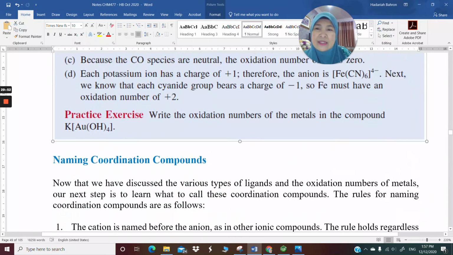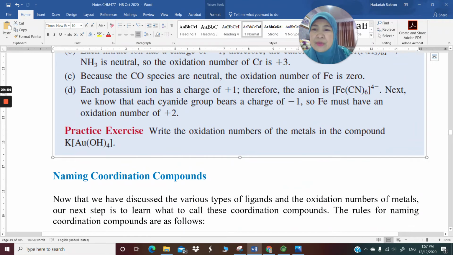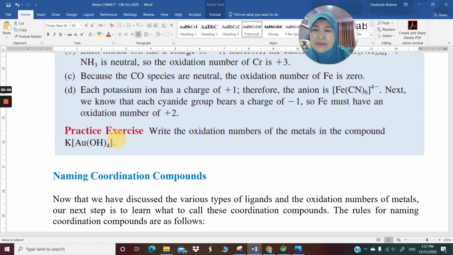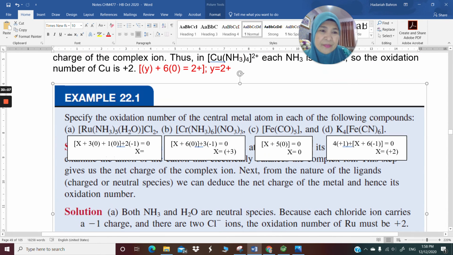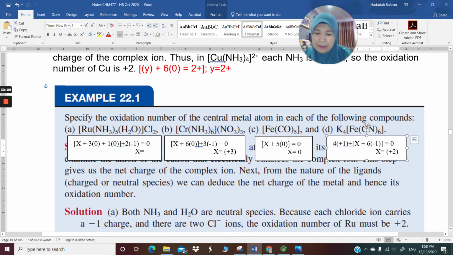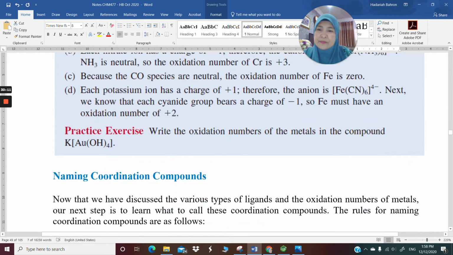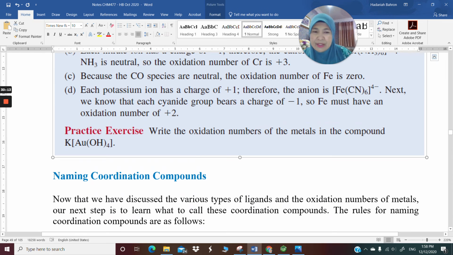Yep. So you can do a practice exercise for this. Can you try and work out what is the oxidation state of Au there? We can do this together.